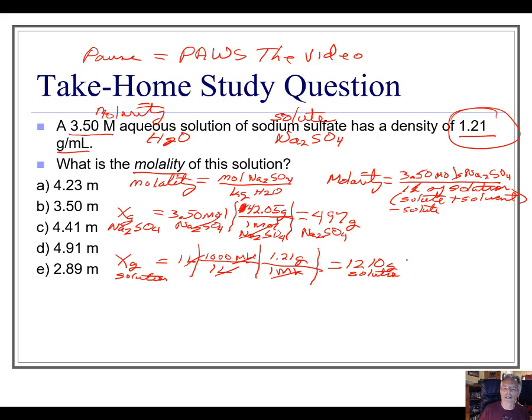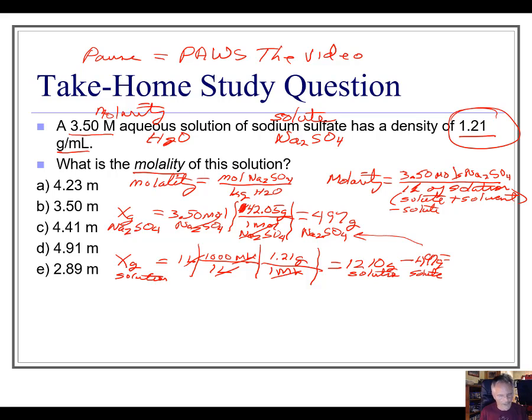So real quickly, I'm going to subtract 497 grams of my solute. You remember my solute is the sodium sulfate, and I'll get 1210 minus 497.